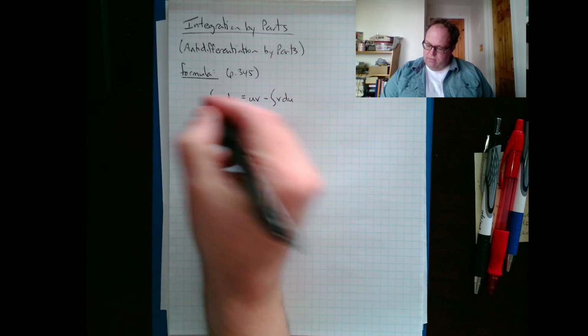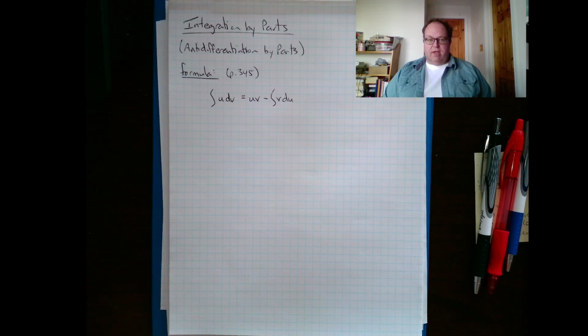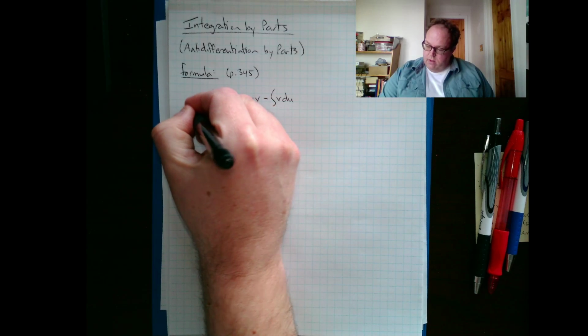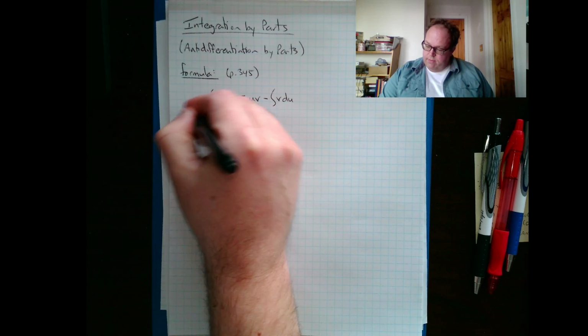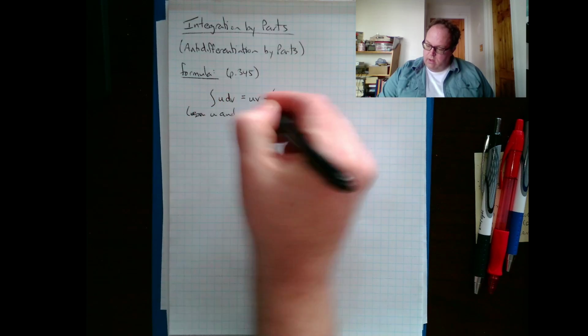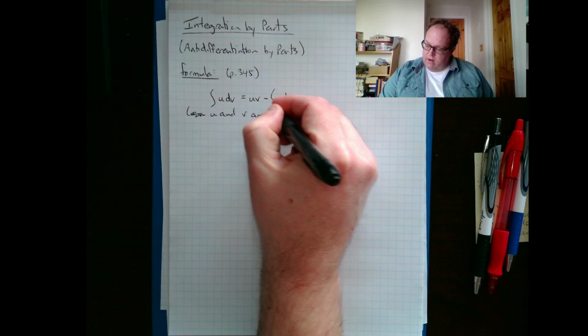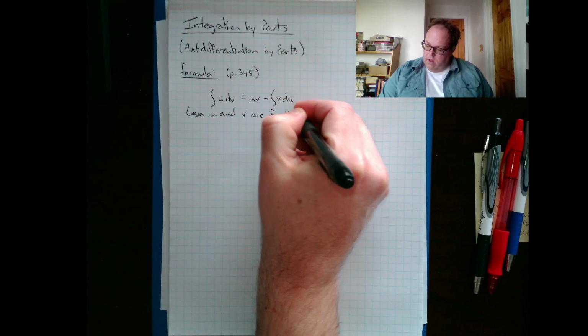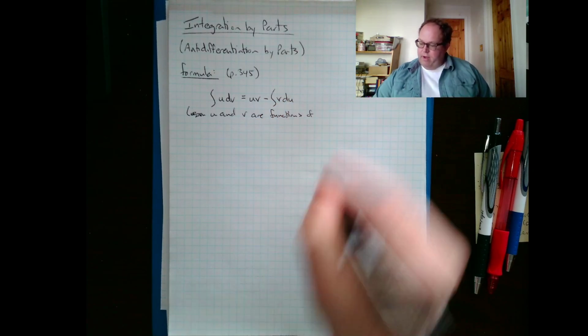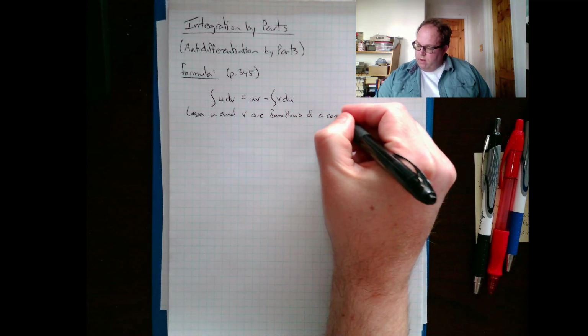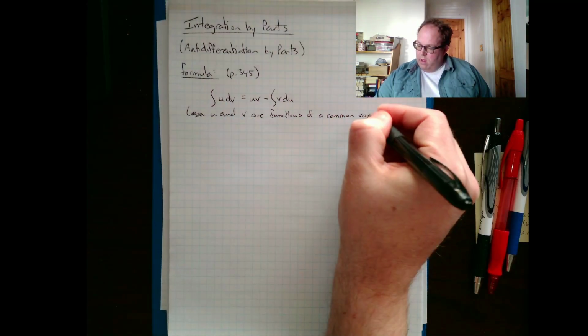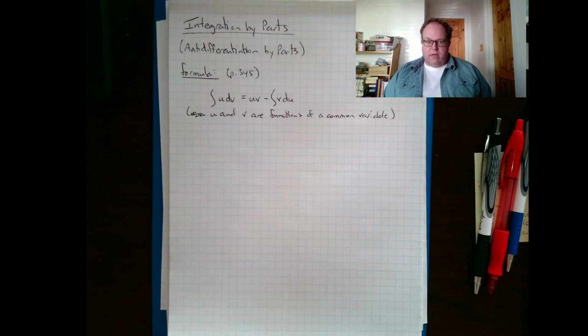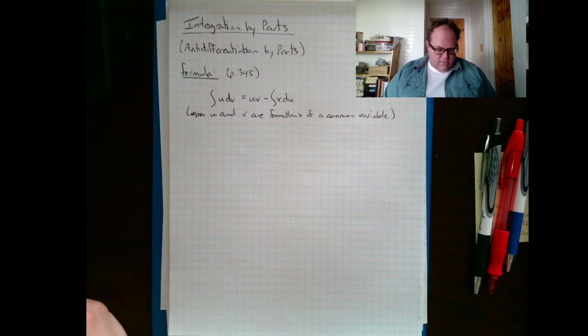And in this case, u and v are both functions of some common variable. And I will get right into a couple of examples of using this.